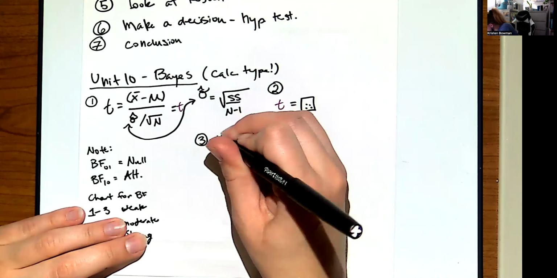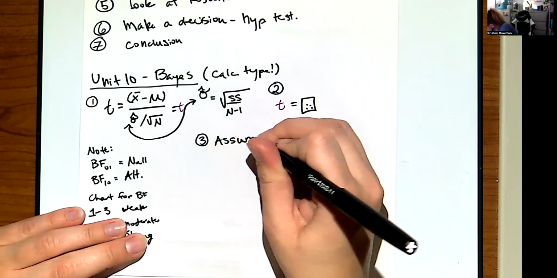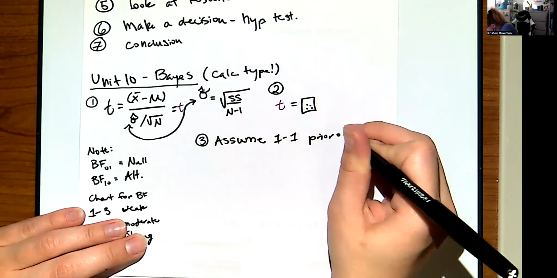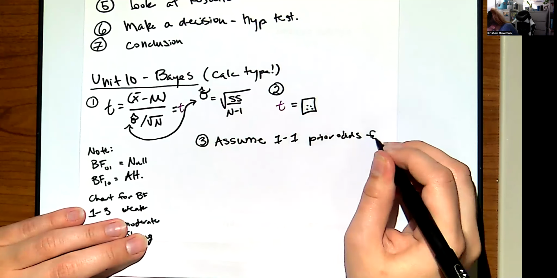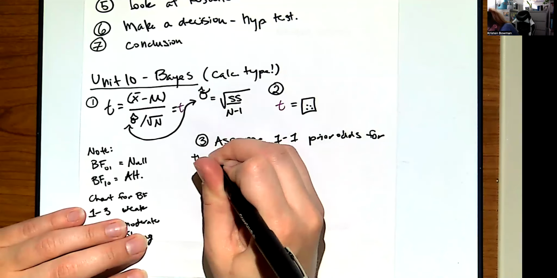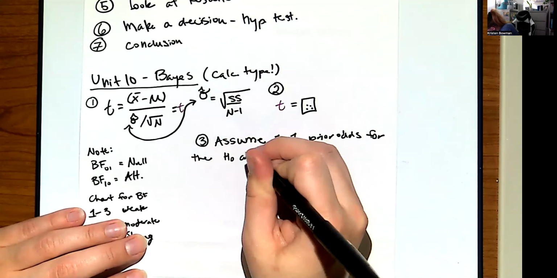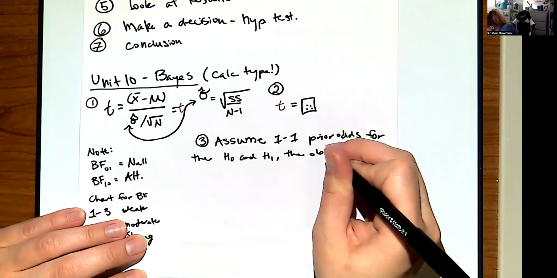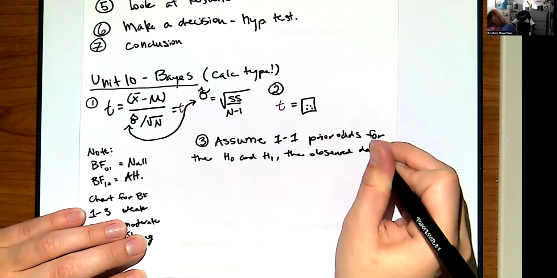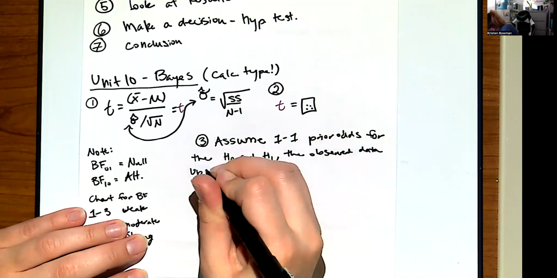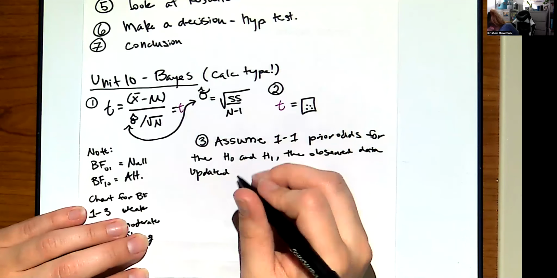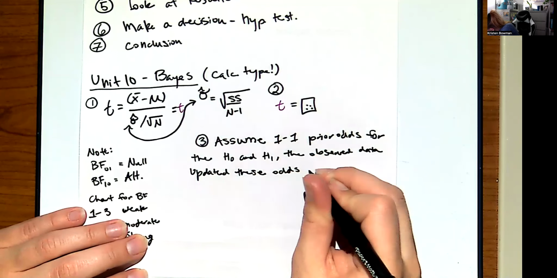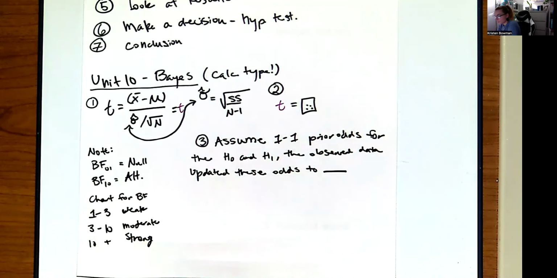So we have: assume 1-to-1 prior odds for the null and the alternative, the observed data updated these odds to, this is where we would write the Bayes factor.